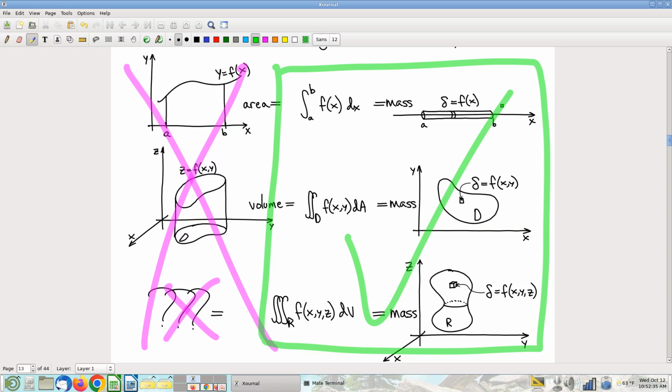Yes? I'm a little confused about the mass of the single integral. Are you considering it as an infinitely thin rod? Not necessarily. Here's a hopefully relatable example. I as a homeowner spend more time than I should at Home Depot.